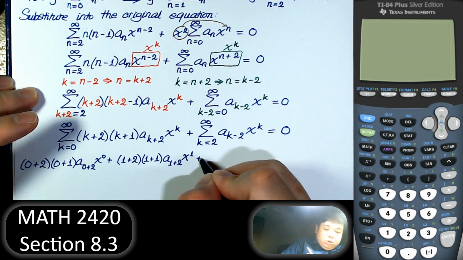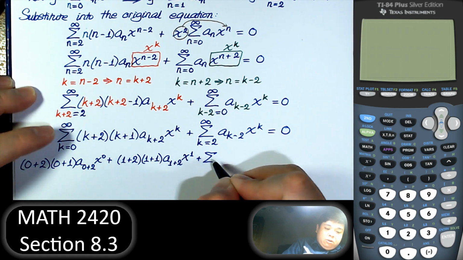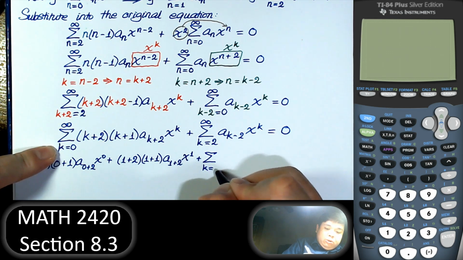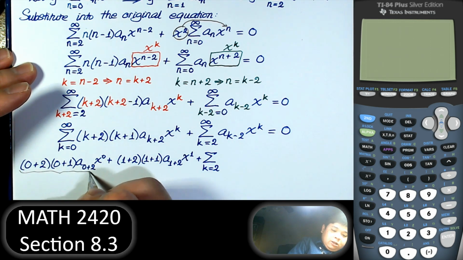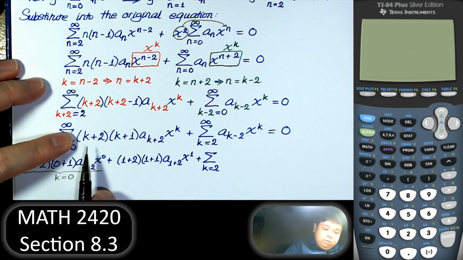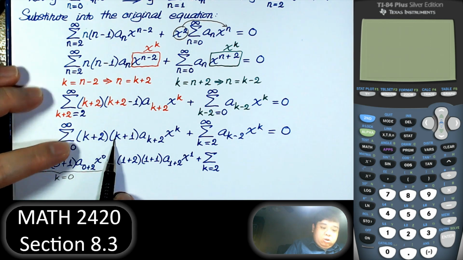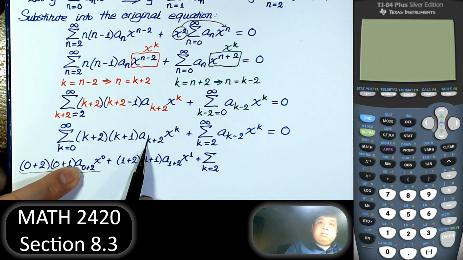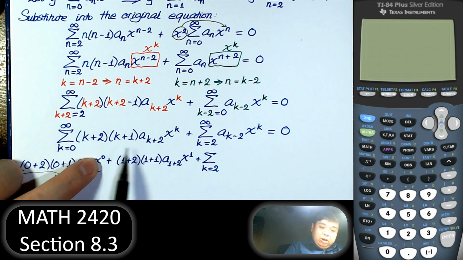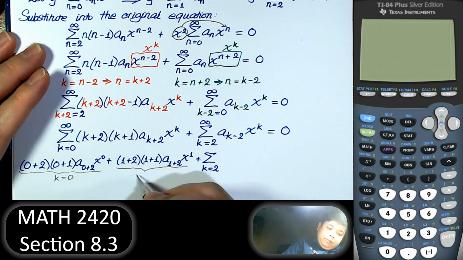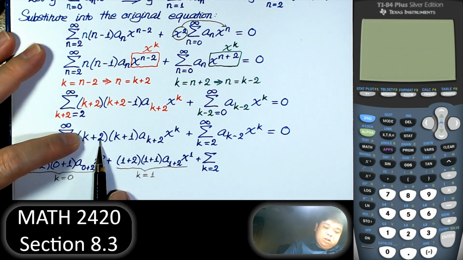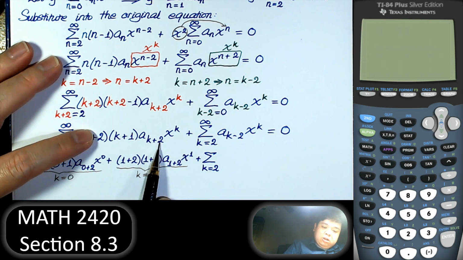When we write those two terms, the series now will start from k equal to 2. So k equal to 0, 0 plus 2, 0 plus 1, a sub 0 plus 2, x to the 0. k equal to 1, 1 plus 2, 1 plus 1, a sub 1 plus 2, x to the 1.